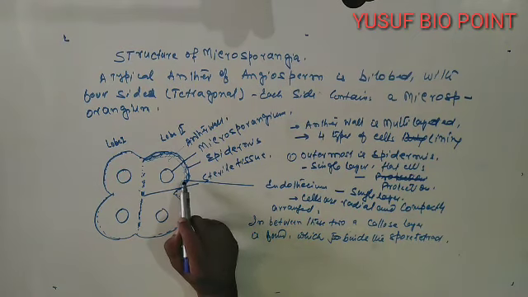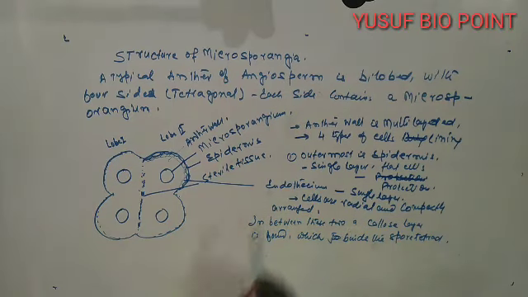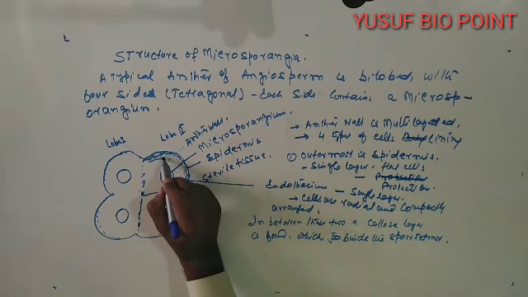So there is a lining, and this callose is found between that. And below that there is 3 to 4 layers.